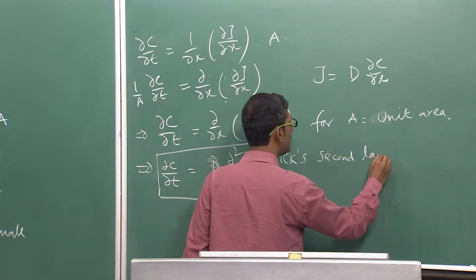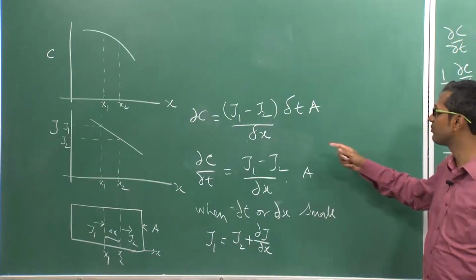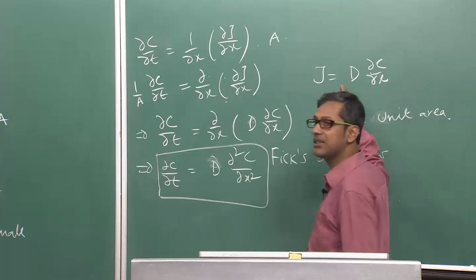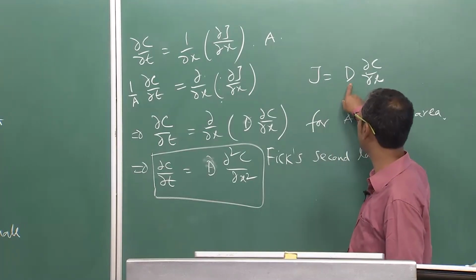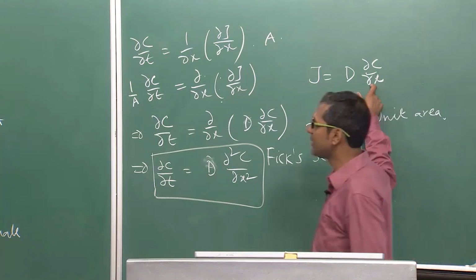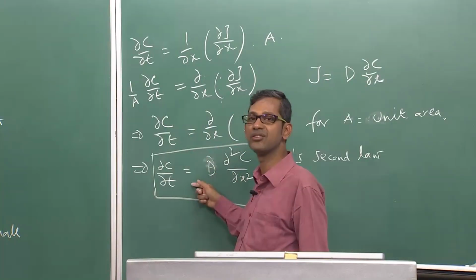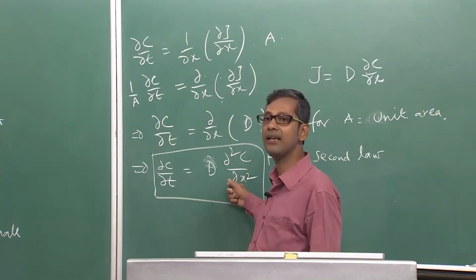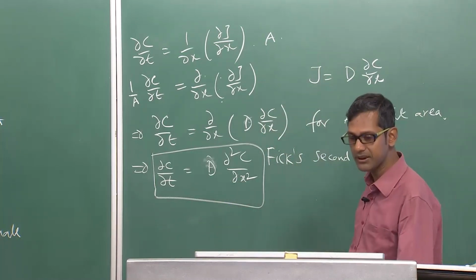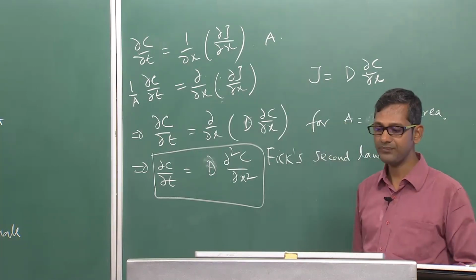As you clearly see, this expression has been derived using the concept of J. J is the flux, so fundamentally I have used the expression J equal to D multiplied by the concentration gradient. As I am using this expression to derive this final equation, I cannot say that this is an independent equation, and that is the reason we always say Fick has given only one law, that is the first law, Fick's law.